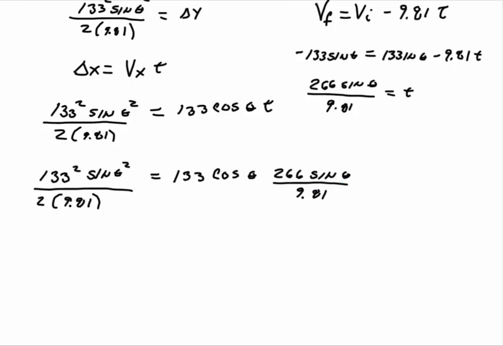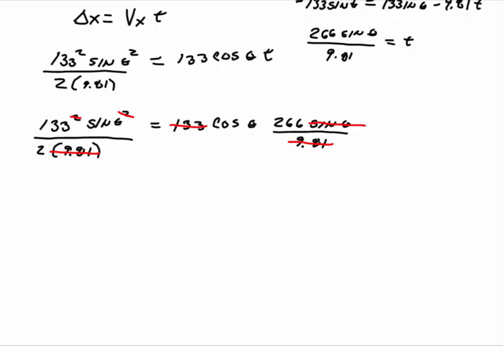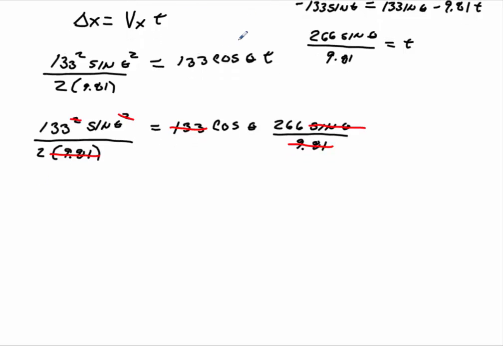Now we want to simplify as much as we can. We can eliminate the 133 here and here, and the 9.81 here and here. Now I'm going to solve for the angle first, and I'll get it into a tangent.